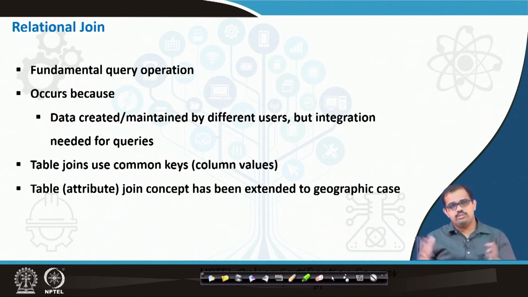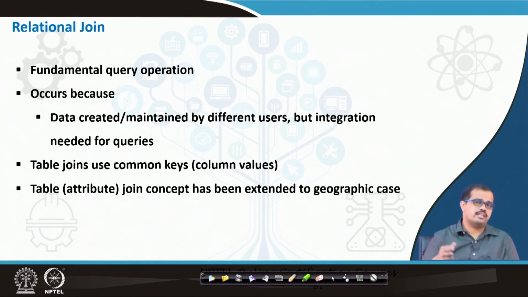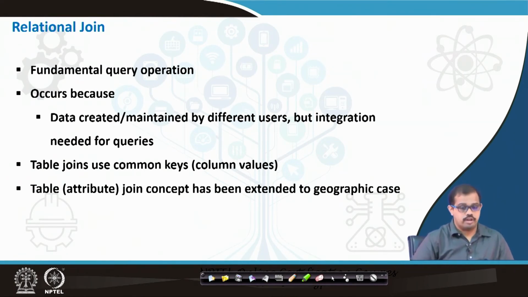So, just use this process of relational join, combining the first and the third table, and that can be represented as an output for the inspector or the policeman who is looking at it. That is the use of a relational join.